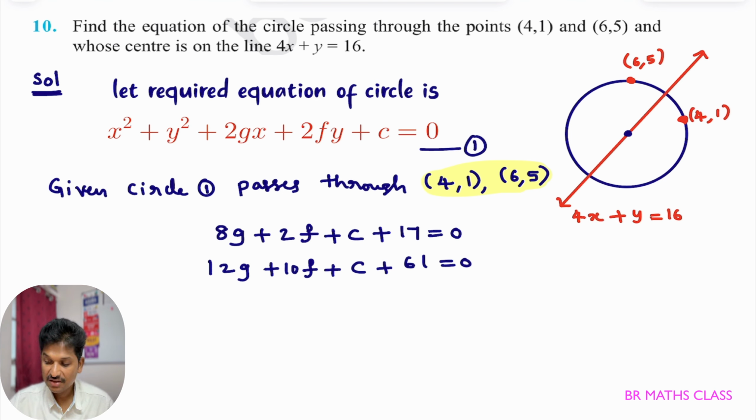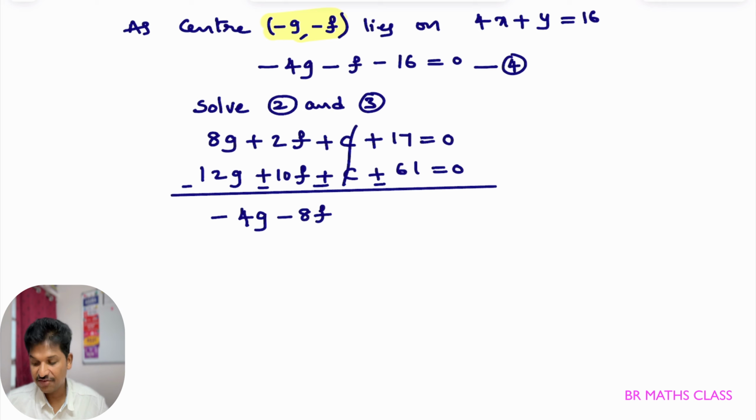Okay. So first I'll solve equation 2 and equation 3. I'll cancel the c term. See, when I subtract, this c will get cancelled, right? When we subtract, this plus sign changes to minus, plus sign changes to minus. Like this you will get 8g minus 12g, that is minus 4g. 2f minus 10f, that is minus 8f.